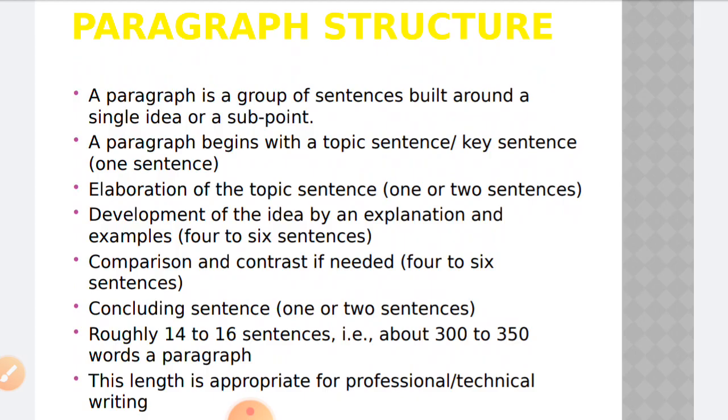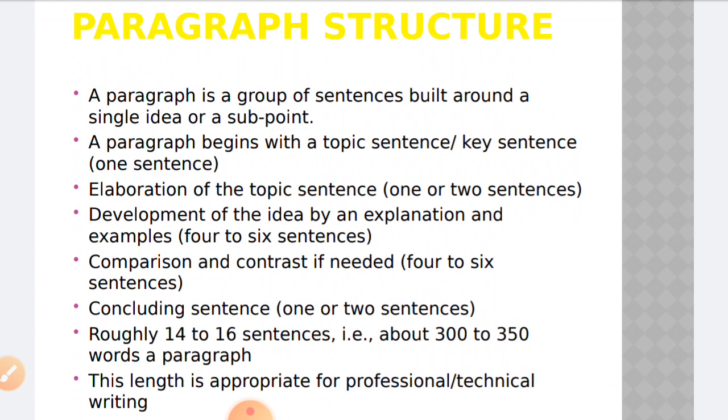A paragraph begins with a topic sentence, a key sentence, usually one sentence. Then comes elaboration of the topic sentence, which may be one or two sentences, and then development of the idea by an explanation and examples. That may be 4 to 6 sentences.